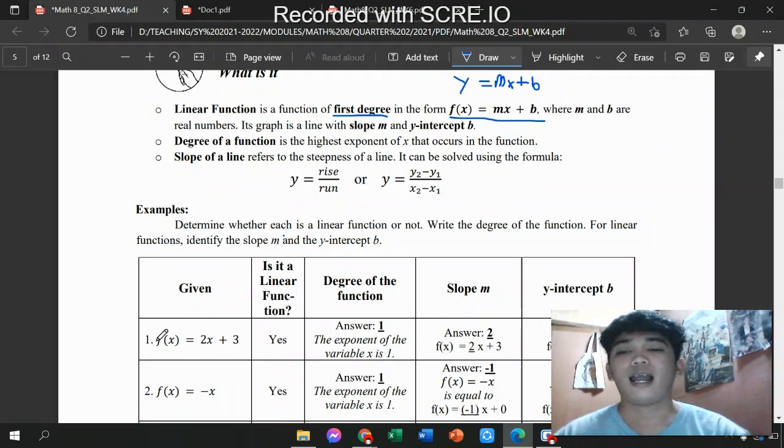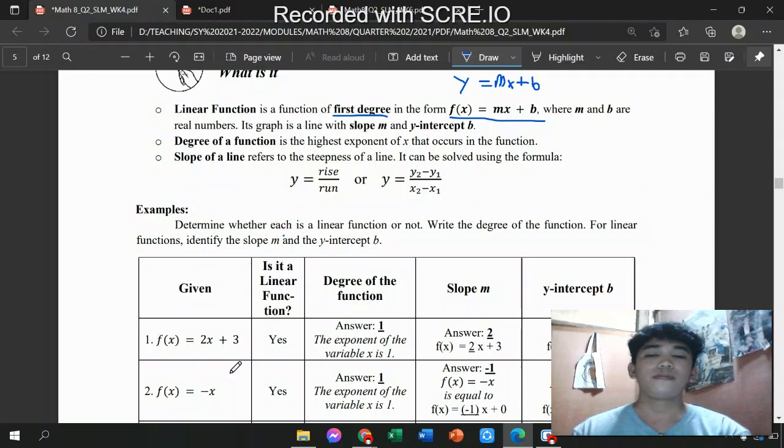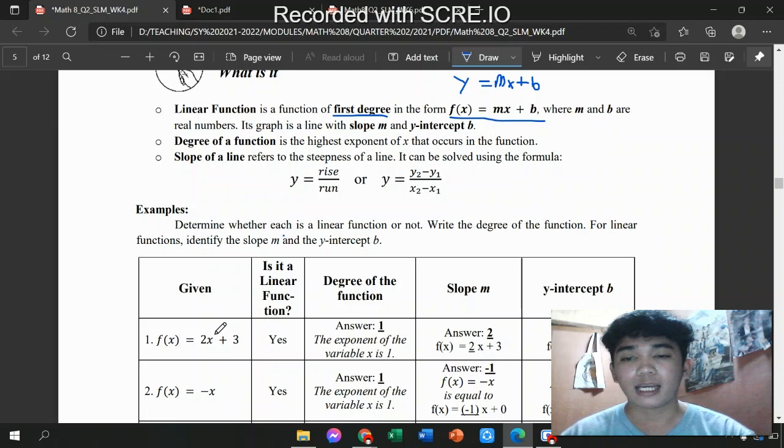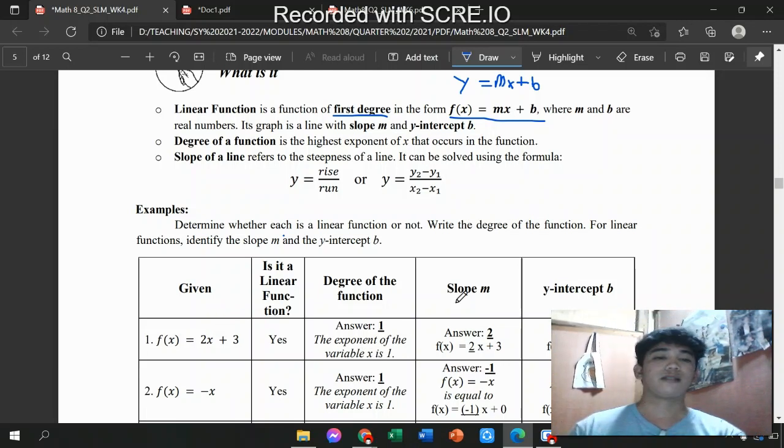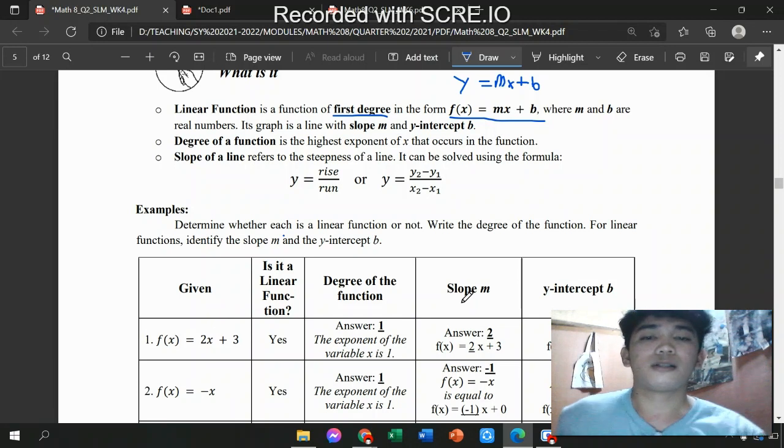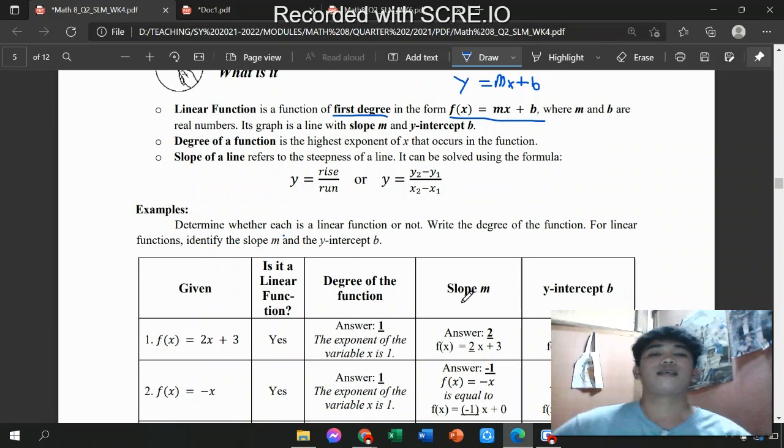This is a linear function. What is the degree of the function? Sa iyahang exponent, pinakadako nga exponent sa x, 1. Okay, wala man siya nakasulat ani nga laing exponent, so automatically 1 ang iyang exponent. Slope. Unsa iyang slope? Unsa gani ang porma sa atong linear function? F of x equals mx plus b.